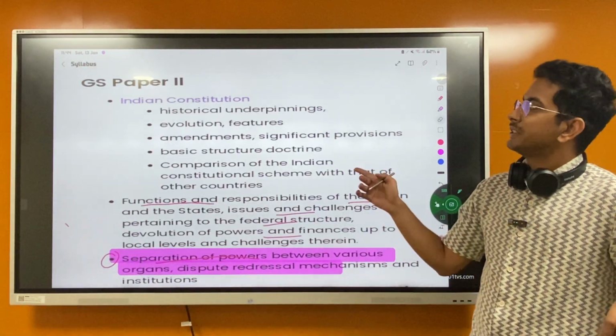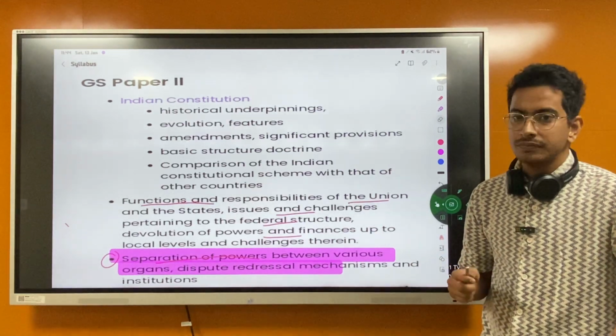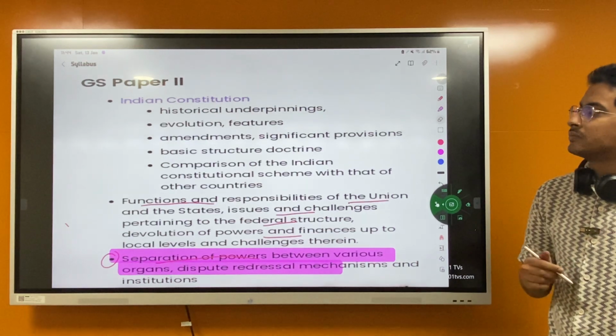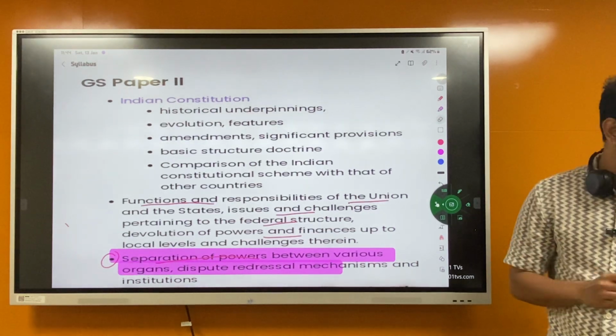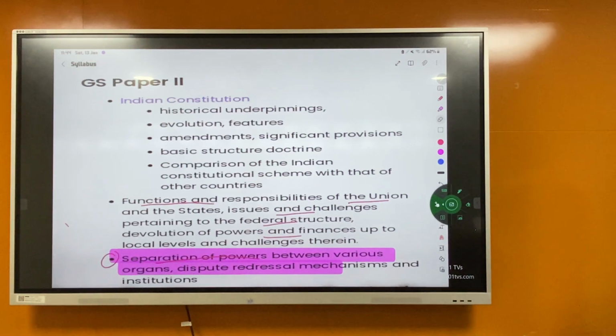Next topic is basic structure doctrine. This is very important. Next, comparison of the Indian Constitution scheme with that of other countries. Here we'll be studying about America, France, and UK, and all the developed countries.